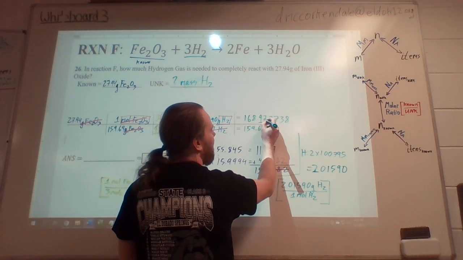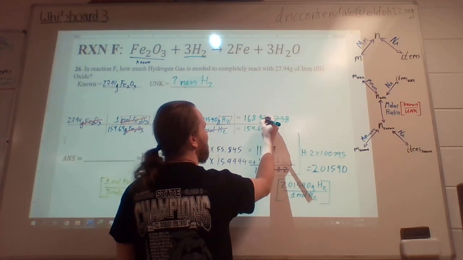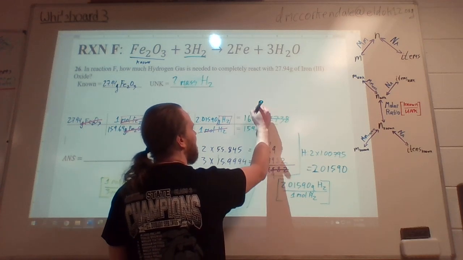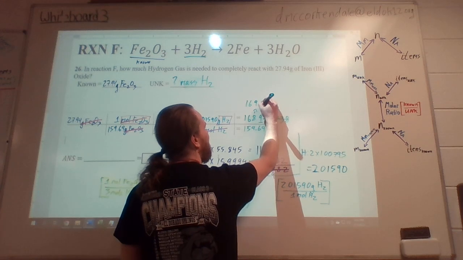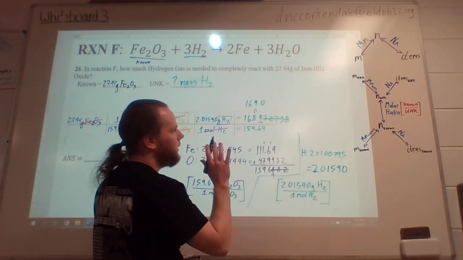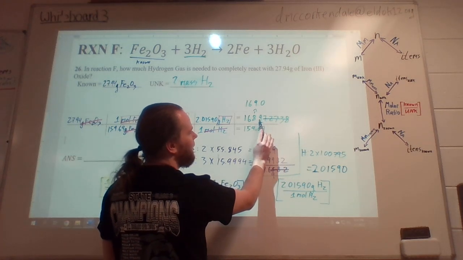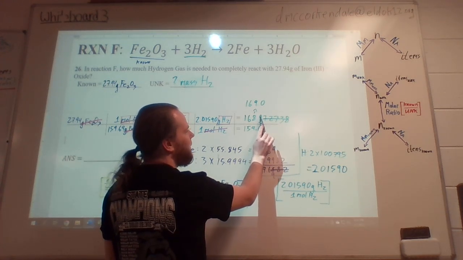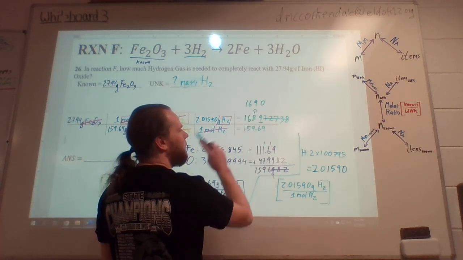So we drop the rest of this. That 7 is going to make that 9 go up to a 10. And the 10 is going to move the 1 over here. So this is going to become 169.0. Let me know if that didn't make sense. Because the 7 is making the 9 become a 10, we have to turn the 9 into a 10, which is going to carry the 1 over to the 8, which is why we end up with this.